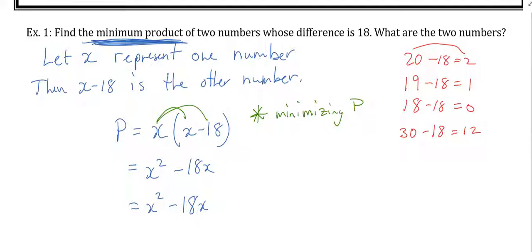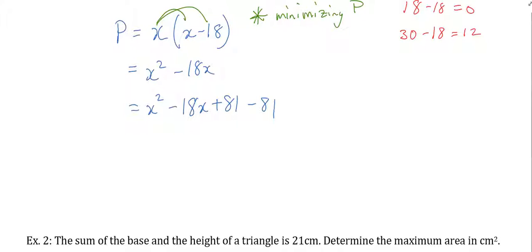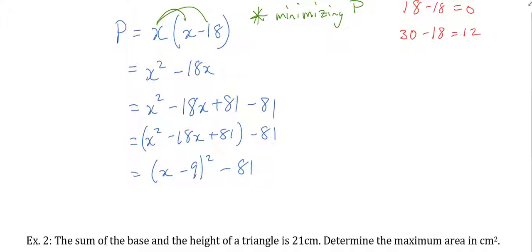I take half of 18, that's 9. Square it, that's 81. Add that and subtract that. Then the perfect square trinomial: x minus 9 squared minus 81.